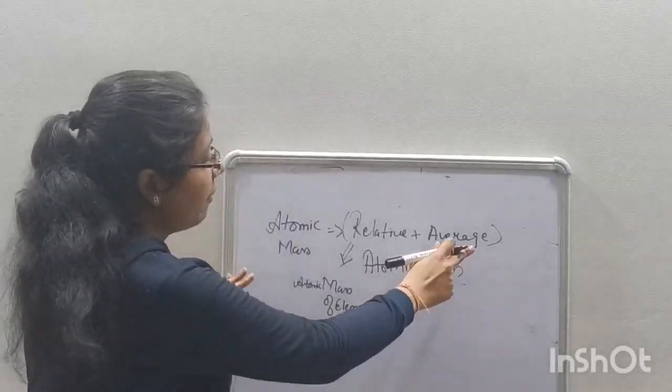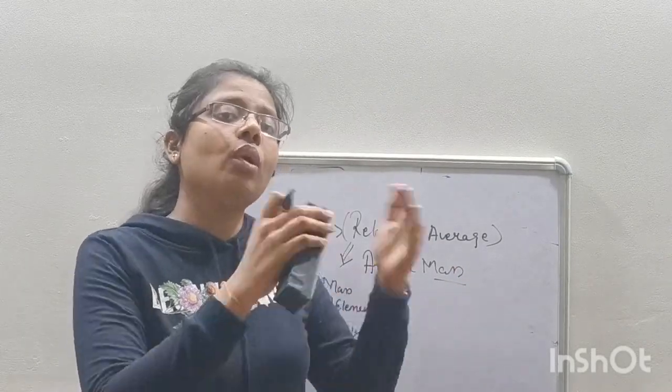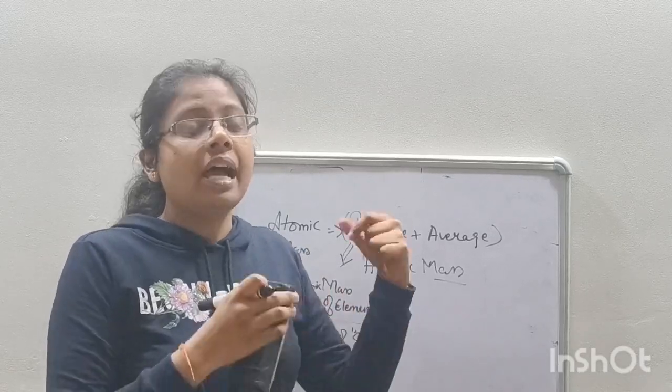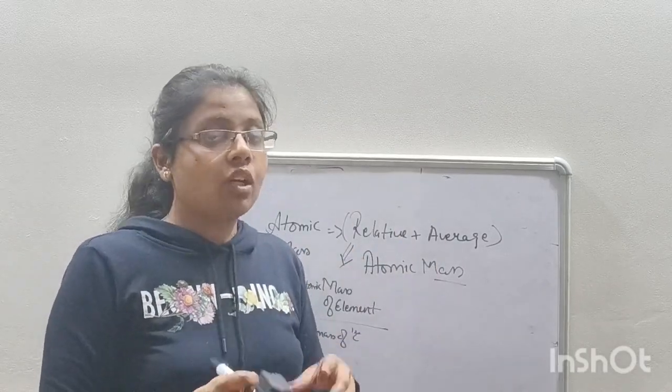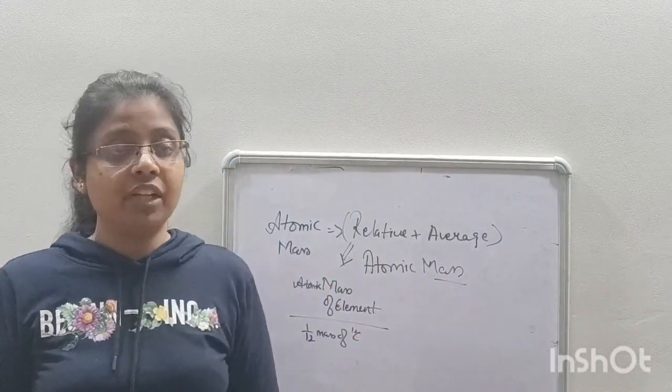And average atomic mass is the average of the masses of all the isotopes present in nature for a particular element, and their average will be taken on the basis of abundance. And this is actually the right way of taking an average.